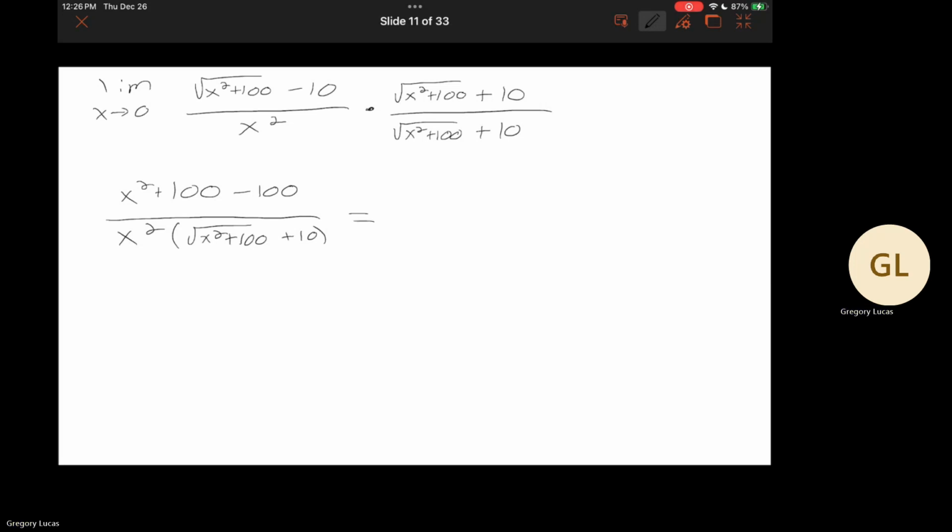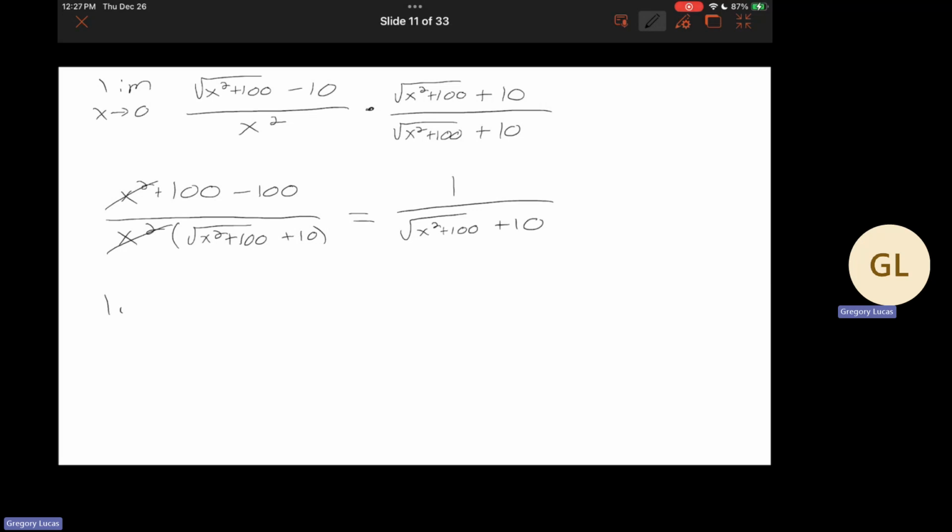Okay, so now that we have this, in my numerator, my x squareds, or my hundreds, will cancel out. So I have x squared over x squared. So 100 minus 100 is 0. My x squareds can cancel out. So I'd have 1 over the square root of x squared plus 100 plus 10.